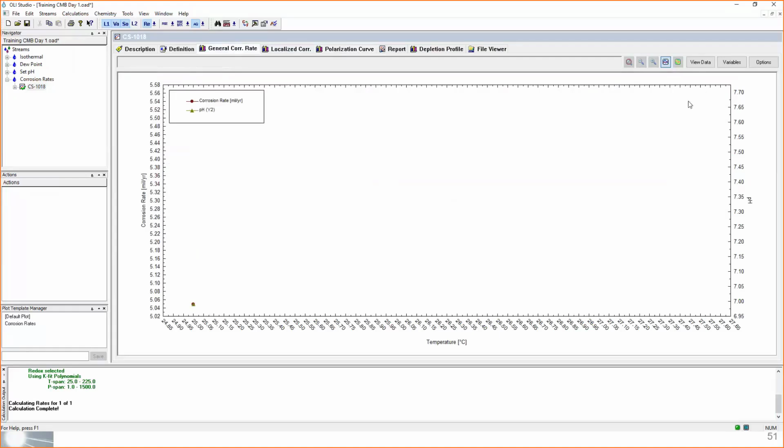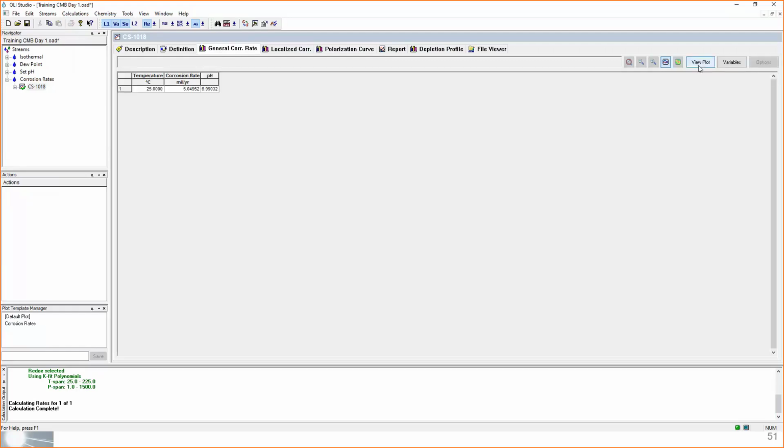So what we're going to do is we're going to click on this view data. Okay, so once we go to the view data, then you'll see that these are the results for the corrosion rate. At a temperature of 25 degrees C, the corrosion rate is 5 mils per year, and the pH is around 7. Okay, so that is the predicted corrosion rate.